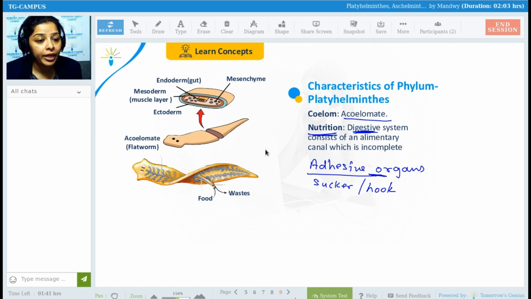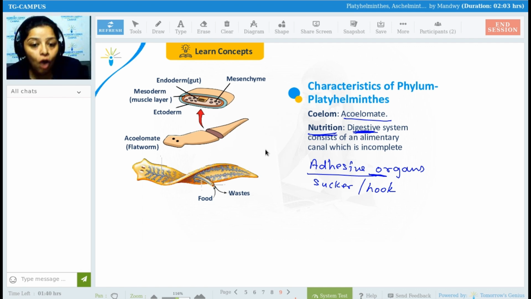Especially all those Platyhelminthes who are parasitic in nature will get the benefit from these adhesive organs, suckers and hooks. Here you can see in the image also, they have hook-like structures. From here they will trap or absorb the nutrients from the substrate, from the host or from the environment.